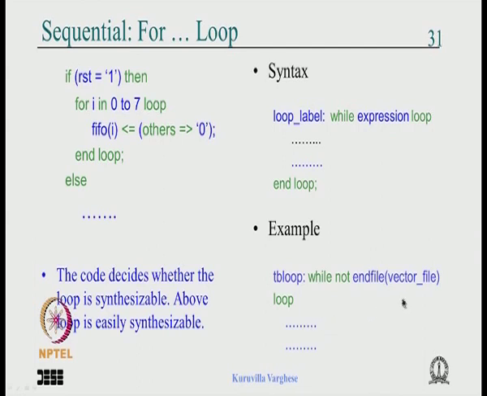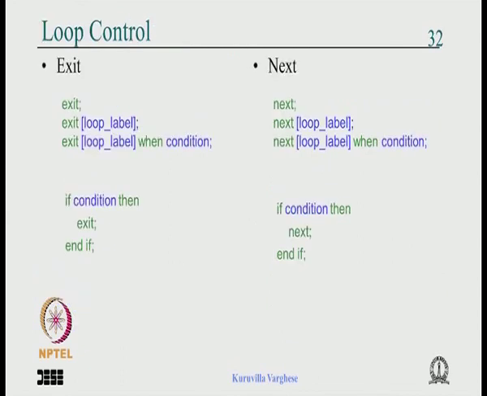Normally you have test vectors written in a file line by line. This says if the end of the file is not reached, then you do the loop and run the test bench. This is another useful thing for the while loop, though you can use it with the normal sequential loops as well.